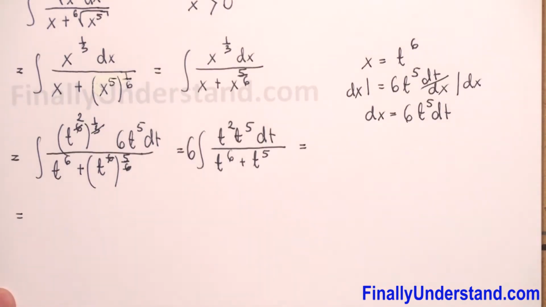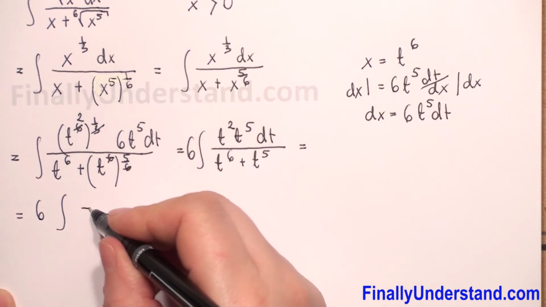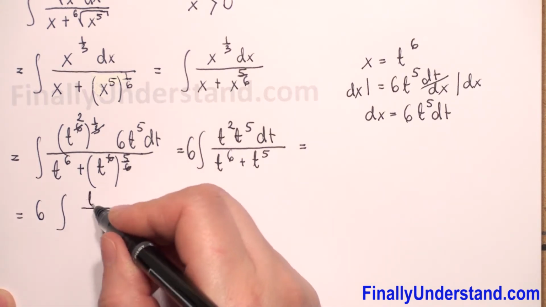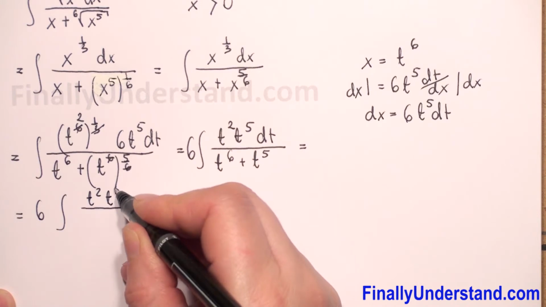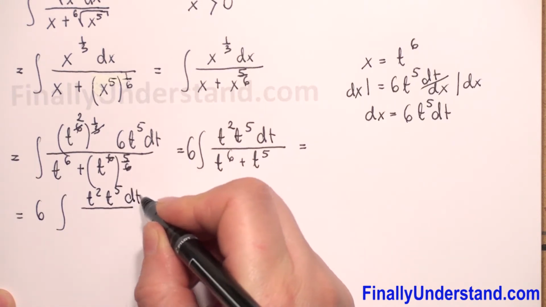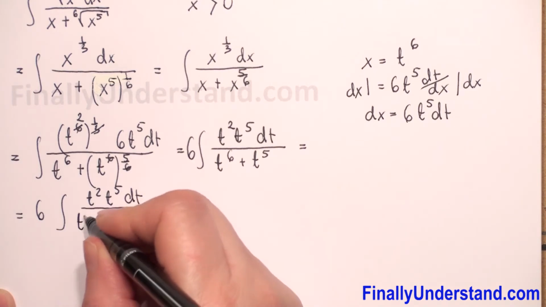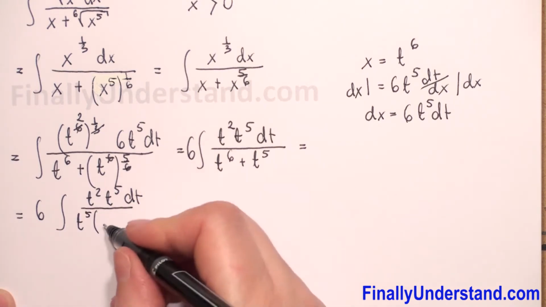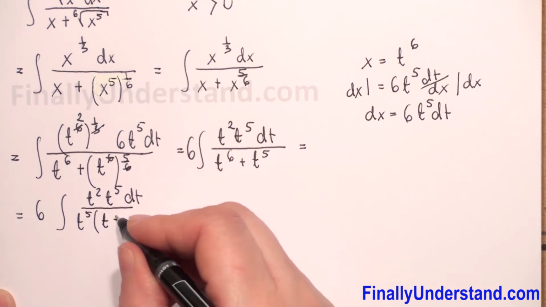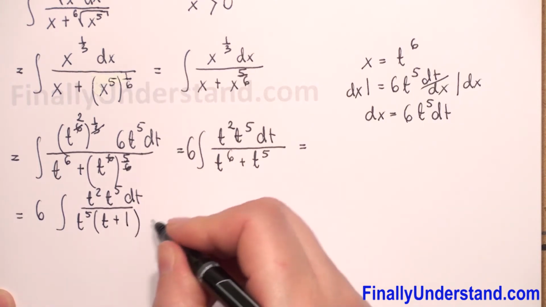So this is equal to 6 times the integral, and I will rewrite our numerator as t squared times t to the 5th power dt. Why I didn't do the multiplication? Because I can factorize t to the 5th power in the denominator, and we will have t plus 1.